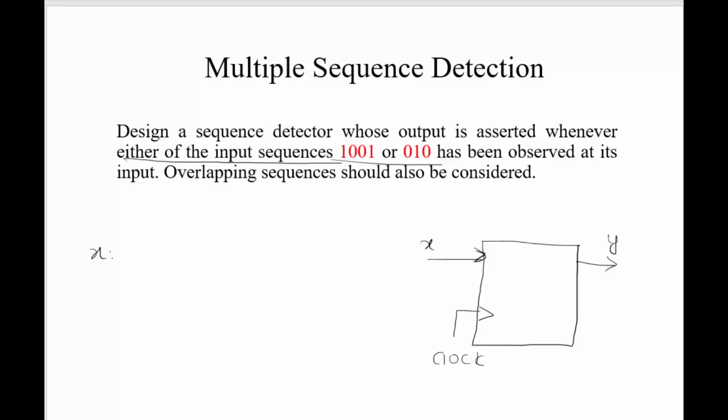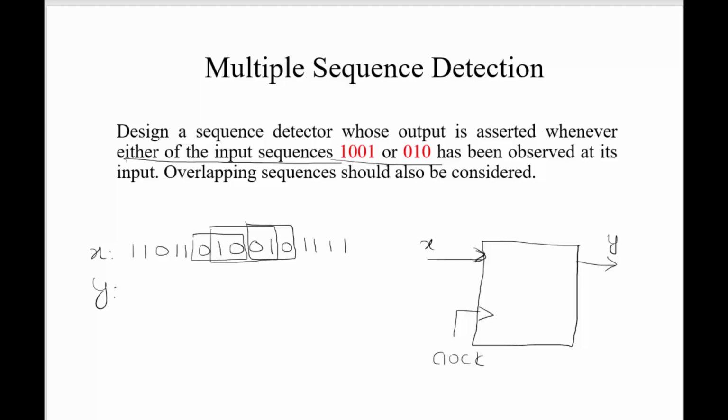Let's say the input x is like this. So our output will be, first of all we can see that we can detect 010 here. Okay, and there is an overlapping pattern of 1001 here, and finally there is one other overlapping pattern of 010.